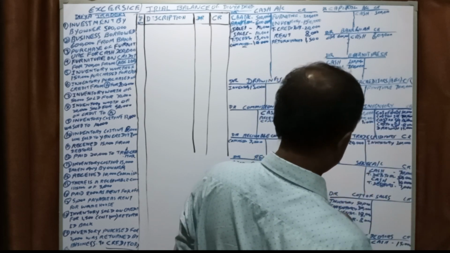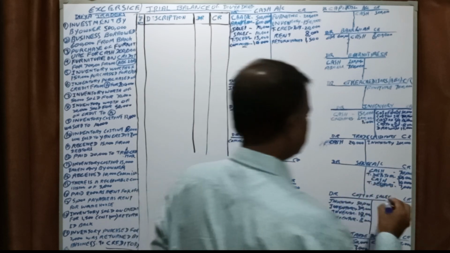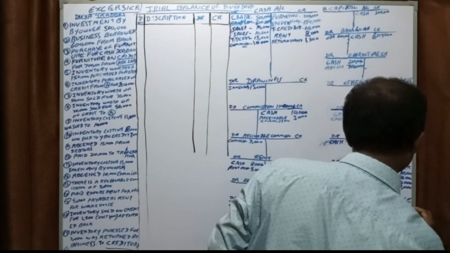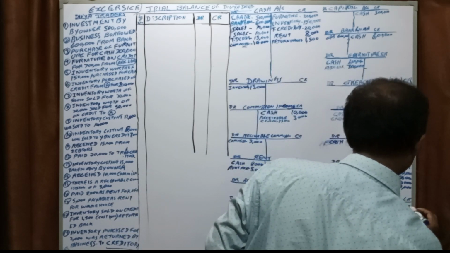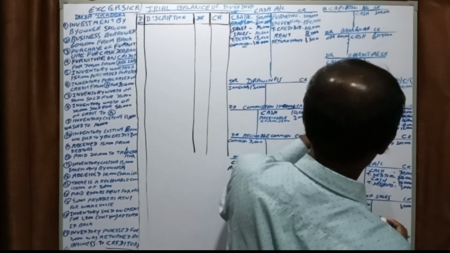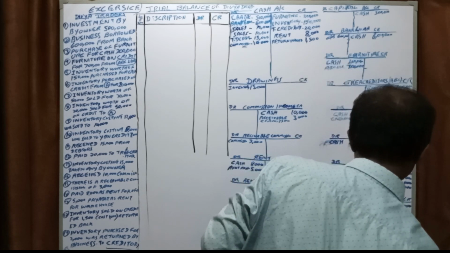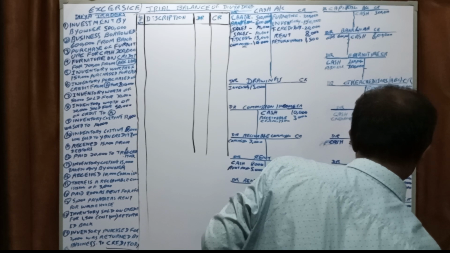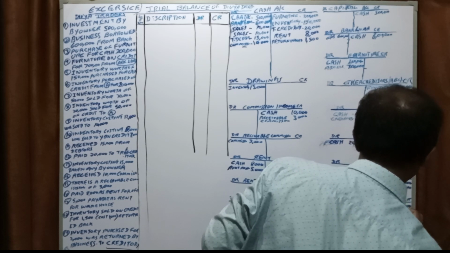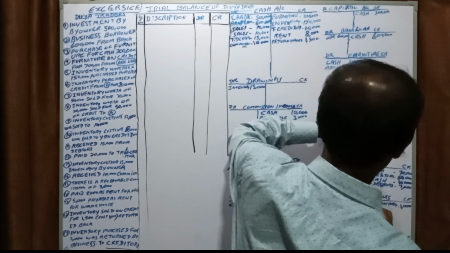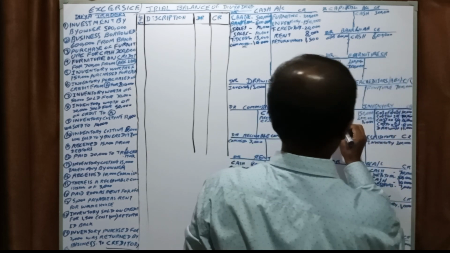Cost of sales has to be reduced by 1,000. And here we will say inventory, here we will say cost of sales.